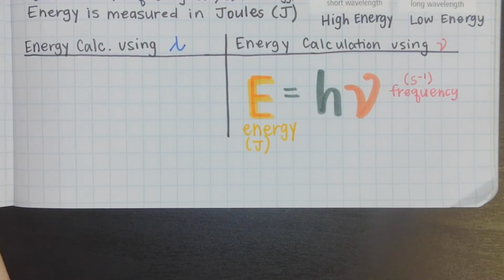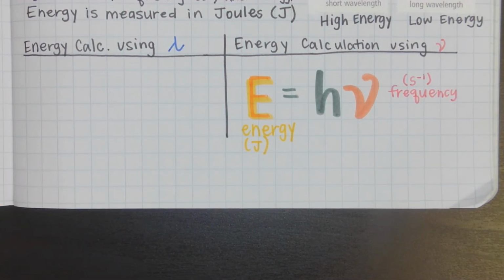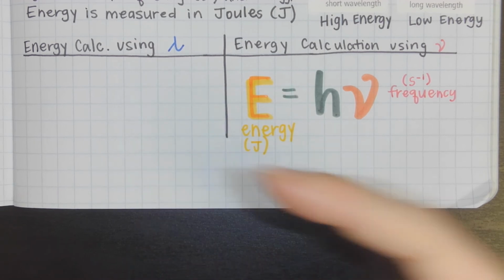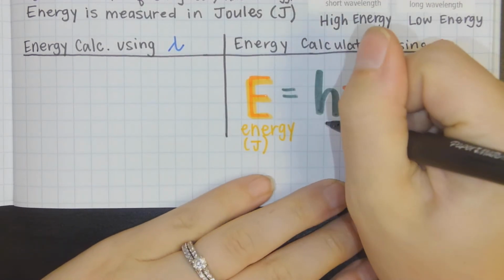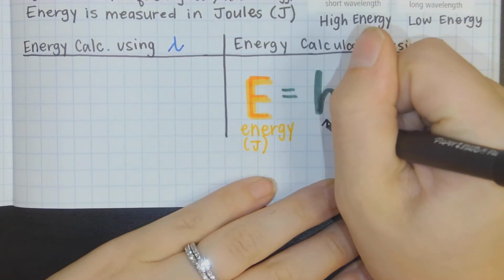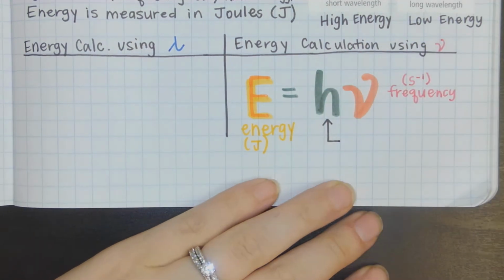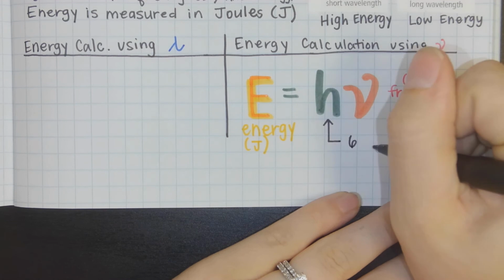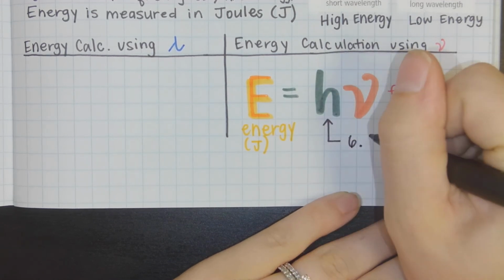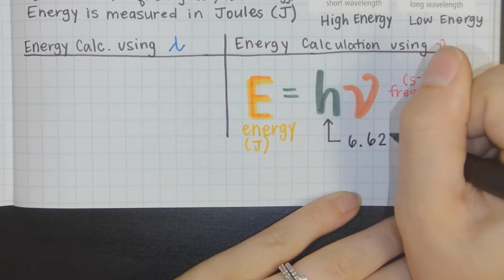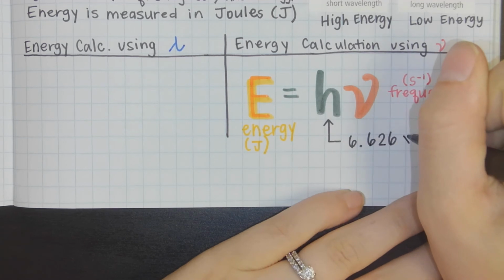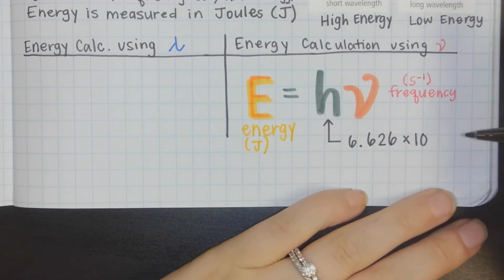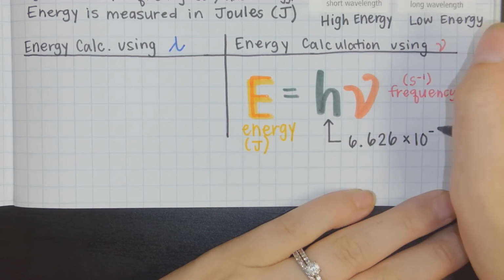It's also a constant, and every time in this unit that you see the letter H, you're going to always plug in this number here. 6.626 times 10 to the negative 34.